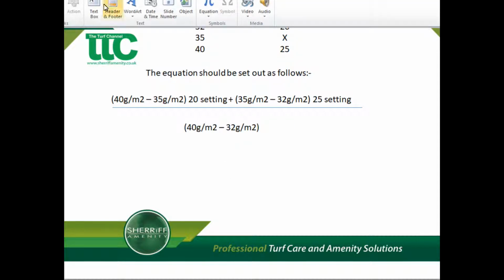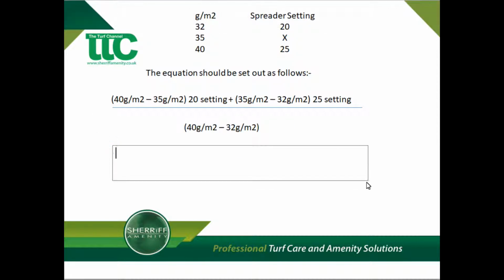So to get to our answer, we take 5 times 20, which is the difference between the top grams per meter squared and the next figure down that we want to apply, and our spreader setting of 20, plus the difference between the application rate we want and the next lowest application rate, which is 32.